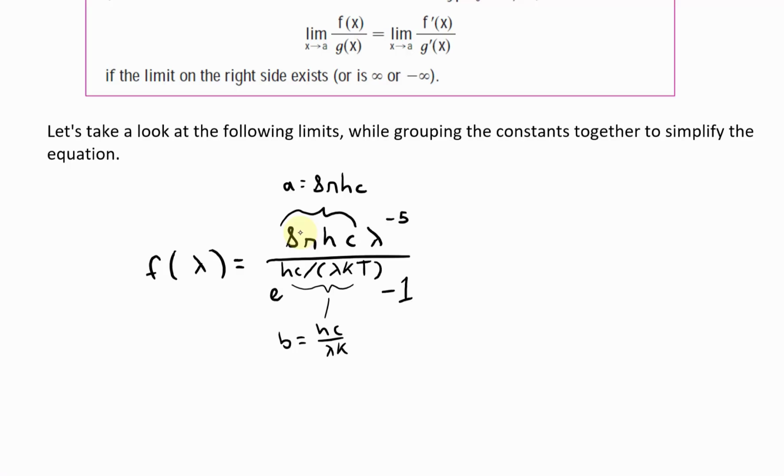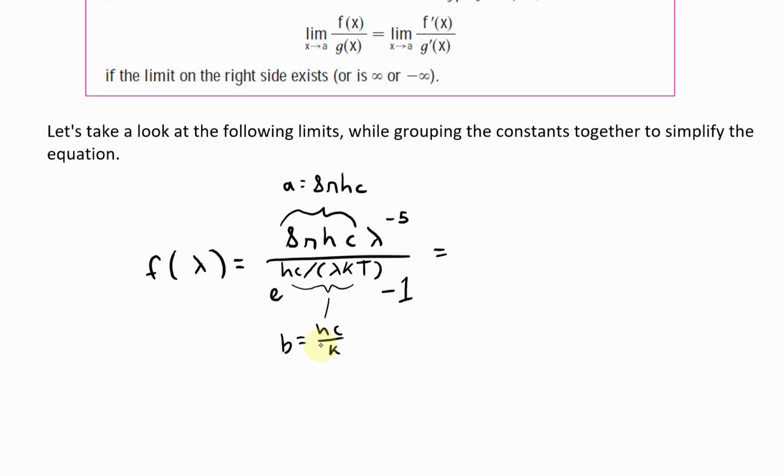We can't put the lambda there, we have to put the k. The lambda is a variable, that's this one. So b equals hc over k, just to simplify. Otherwise, we're going to be writing a bunch of constants.